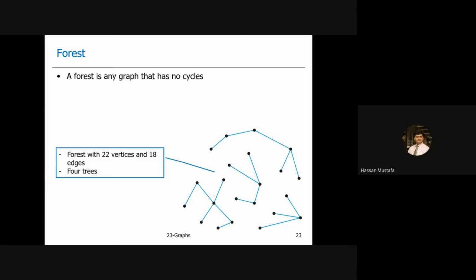Then upon removing some more edges, it can further divide the partitions into sub partitions, and at a later stage it can create multiple trees from that one graph. So here in this specific graph, I have removed some edges, and what I've come up with is four different trees. Having four different trees means that I have a forest, that is multiple trees.